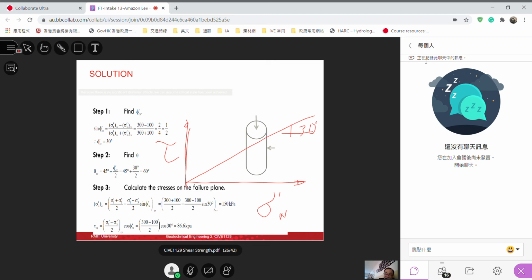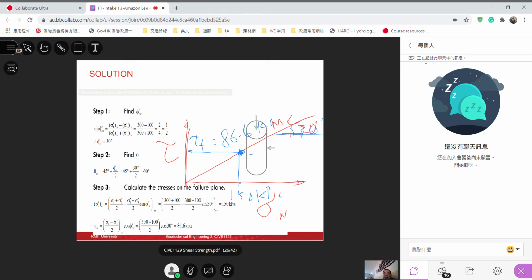So the Mohr-Coulomb failure criterion is here, and your normal stress at failure is 150 kPa. Your shear stress at failure here is 86.6 kPa, right here. So this angle is 30 degrees.